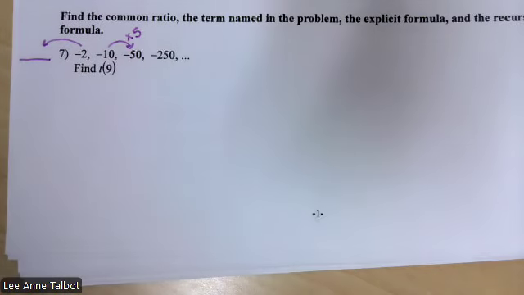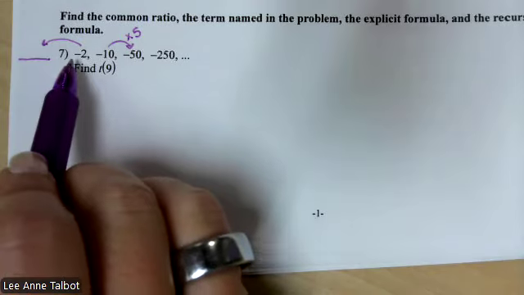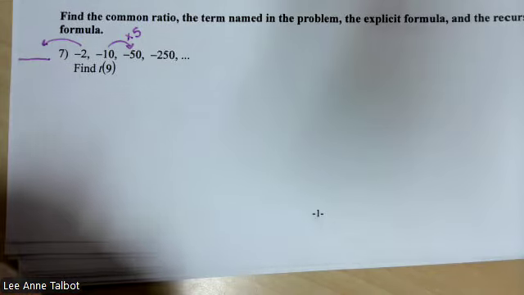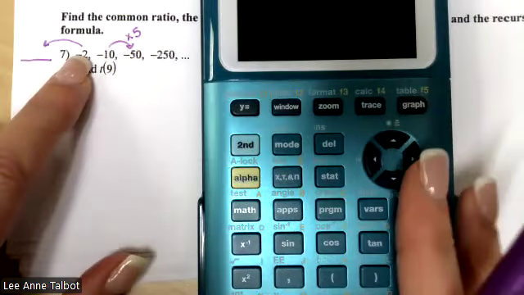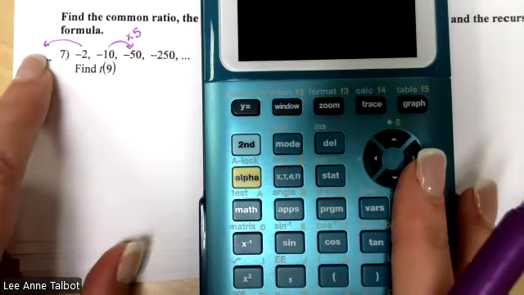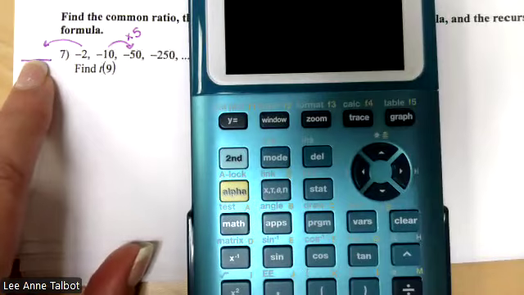And what do I do? So you want to multiply by 5 to go this way, so I want to divide by 5 to go that way.